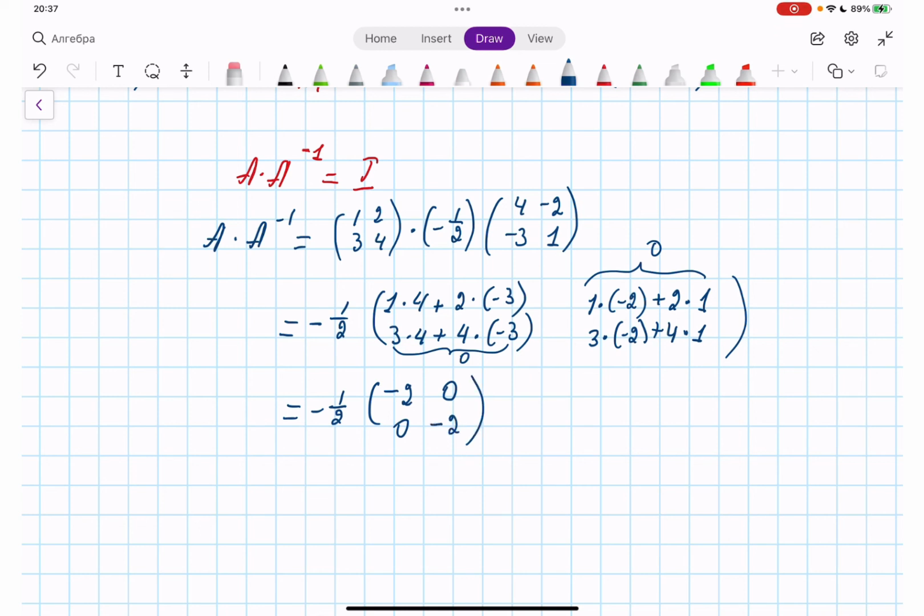Which is going to be, if I multiply every single element by negative 1/2, I'm getting 1, 0, 0, 1, which is equal to the identity matrix, which means our matrix is correct. The inverse matrix we calculated is correct.